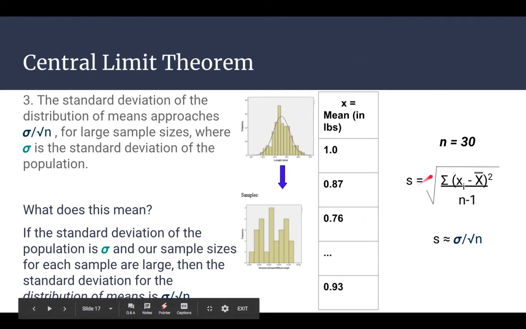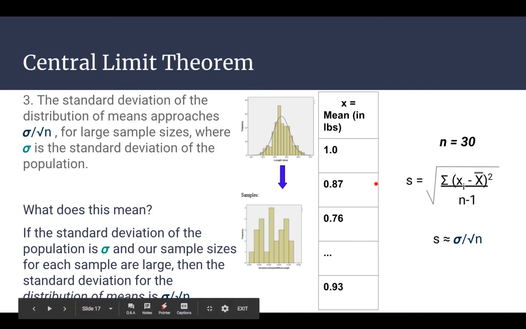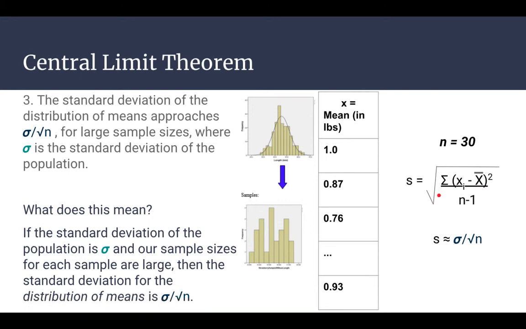So when my sample size is 30, I can get the sample standard deviation, where the sample standard deviation is calculated using each of these as x, and then x bar is going to be the average of all of these averages. You're just plugging it into the equation for the sample standard deviation.